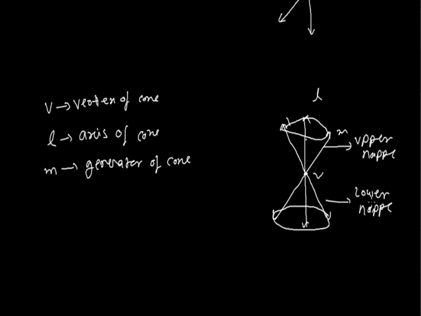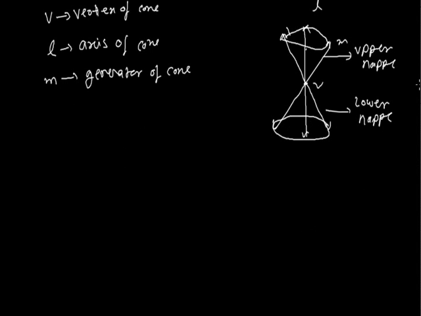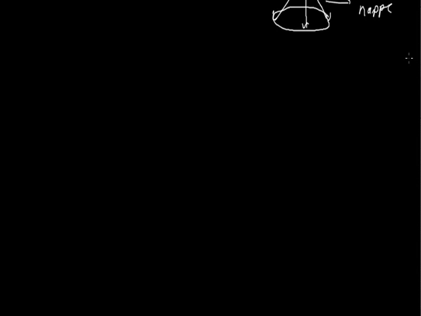Now there are many conditions to make different curves: circle, parabola, hyperbola. First of all we can see how to generate the different curves by the different positions of a plane cutting these naps. If a plane intersects the cone, then the section so obtained is called a conic section.